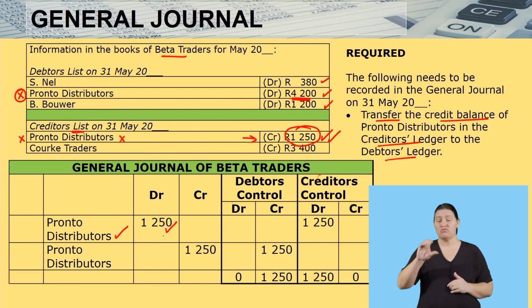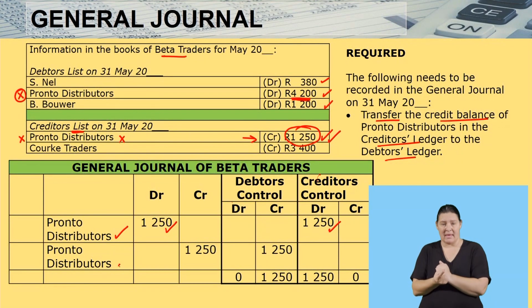So we are coming now to Pronto Distributors, and we're going to debit it again in the creditors control. Once you debit in the creditors control, you are decreasing what you owe your creditors. So we are coming now to the creditors control, and we are decreasing it by 1,250. And the same must happen in our debtors.